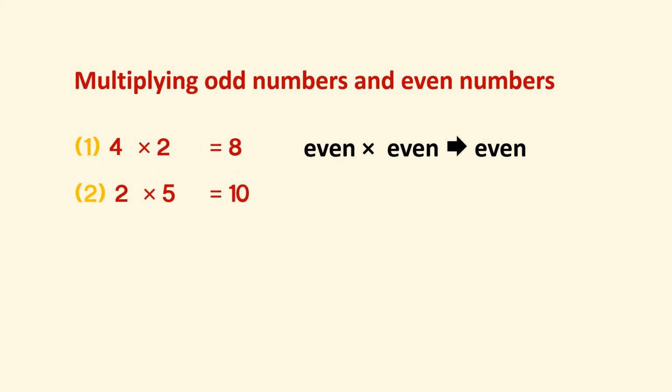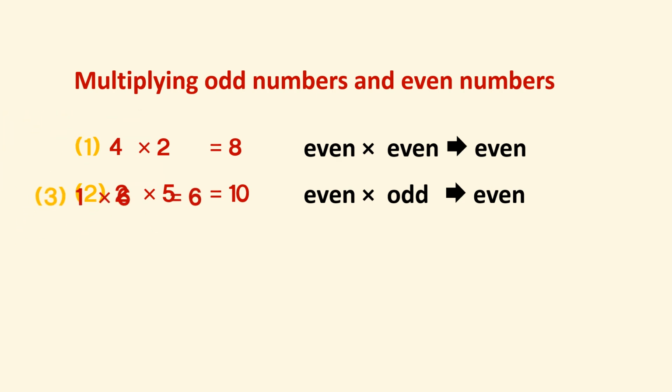Second one, 2 multiplied by 5 equals 10. So, 2 is an even number, 5 is an odd number. The result is 10, that is an even number. So, I can come to a conclusion, even number multiplied by odd number, always the result should be an even number.